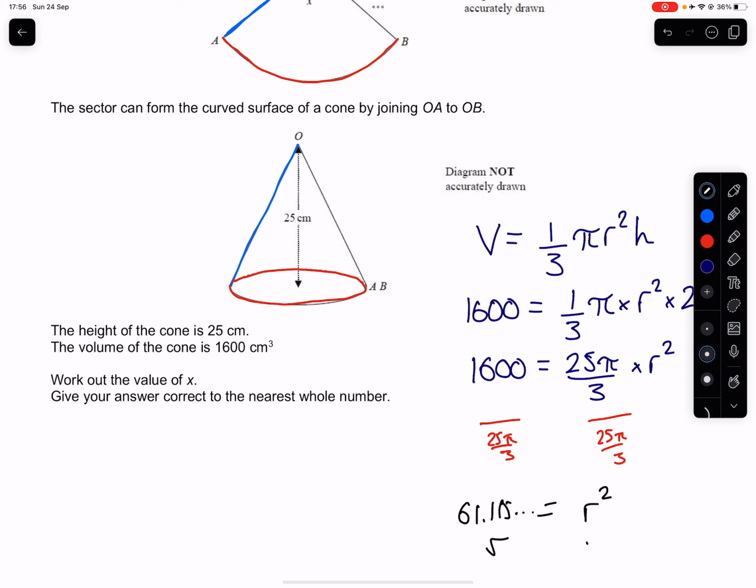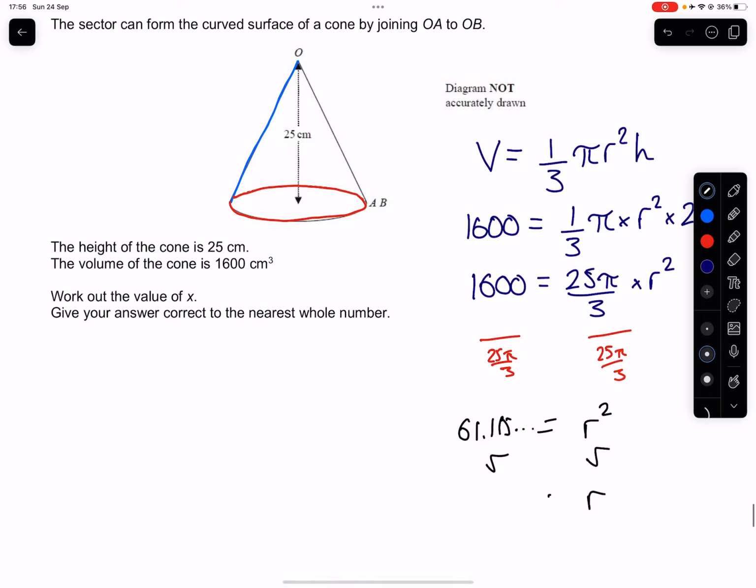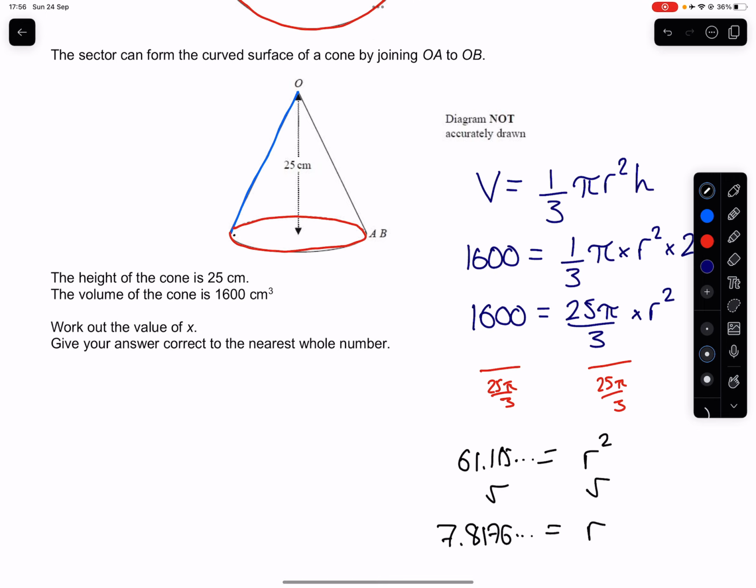And if we square root both sides, we get a radius value of 7.8176 and change. So that's just got our radius for the circle here, 7.8 and change.